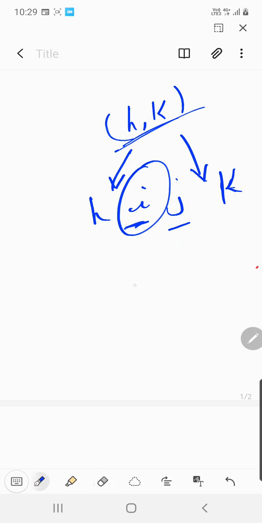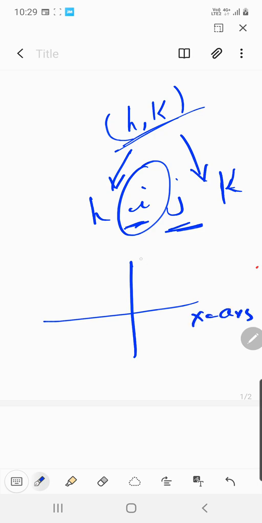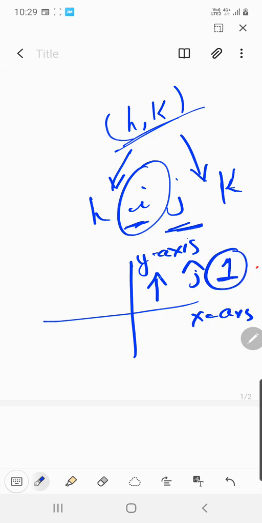Let's spend a little time with j and wrap up for today. In freeflow math, freestyle math, the j is the unit vector in the y-axis direction. Unit vector 1, magnitude 1, vector direction, and this time the direction is on the y-axis.